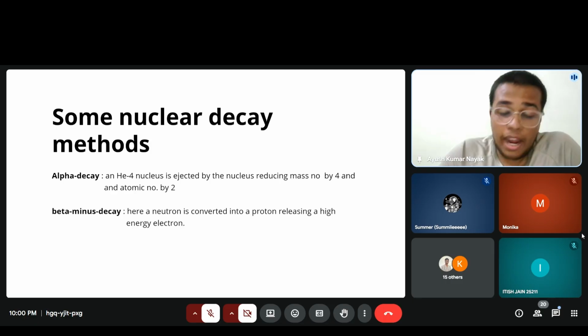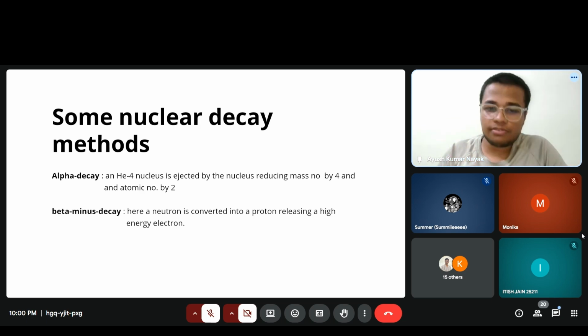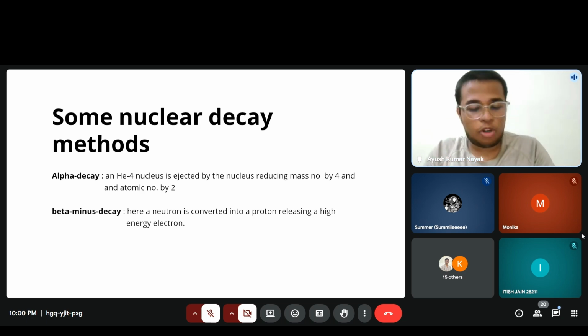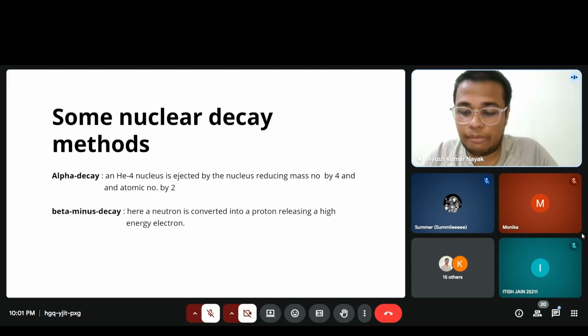Then we have beta minus decay. Here a neutron is converted into a proton, releasing a high energy electron. I'm not going into the depth of it, but this is the most basic I can take it, and because of lack of time, let's move on.